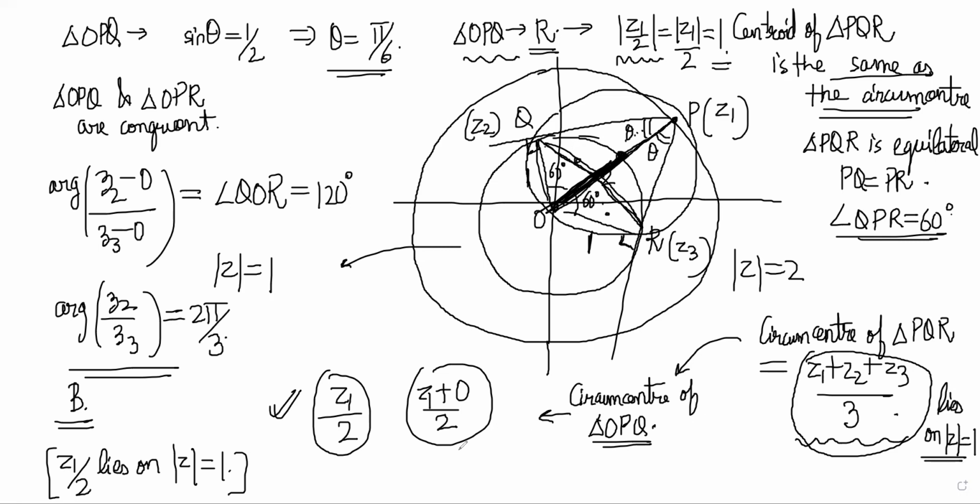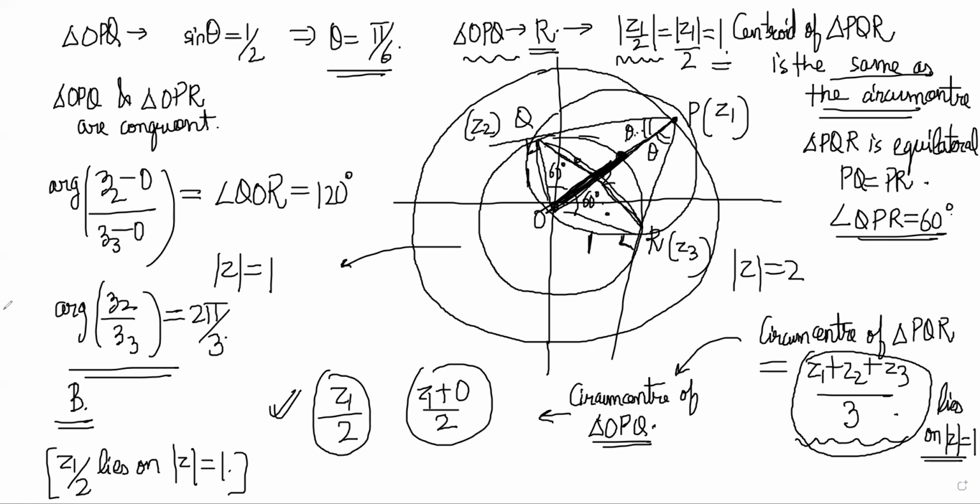So you get basically options B as well as option C, because we realize that all three triangles OPQ, ORP, and PQR have the same circumcircle, and their circumcenter is basically the midpoint of OP, right? Which is also the centroid of triangle PQR, since PQR was equilateral.